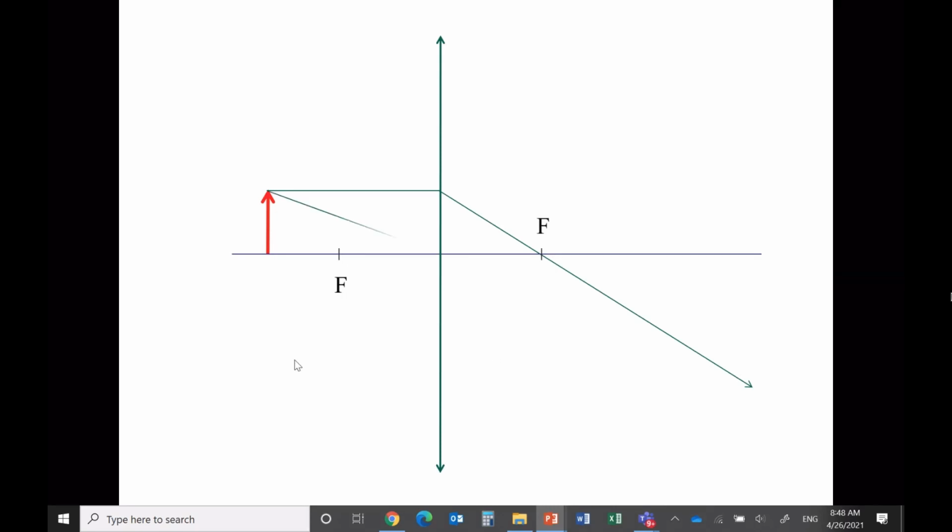And now we get the second beam, this one that goes through the center of the lens, and because of this, this beam doesn't have any refractions. So because of these two lines, we can identify the location of the image. Have a look. The image is here.